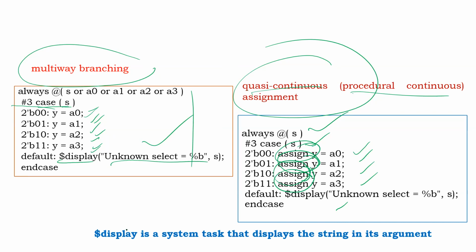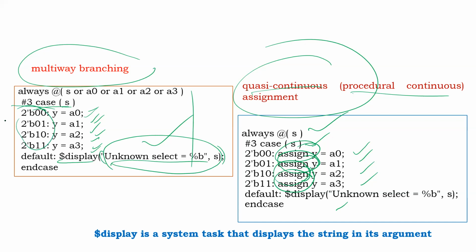What is the use of this display? Display is a system task that displays the string in its argument. What is in this argument? Unknown select will be displayed whenever it finds the default value. There are 4 combinations you have assigned.